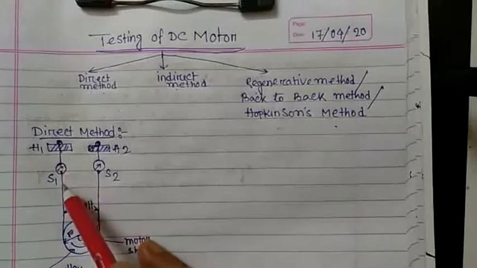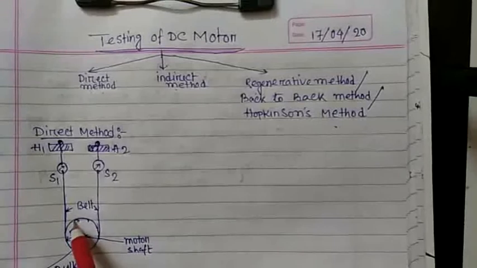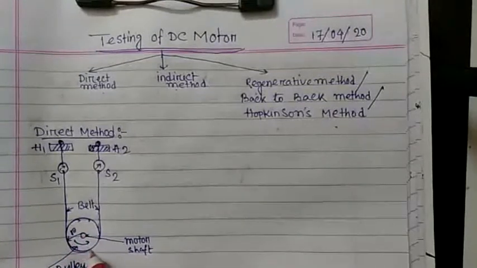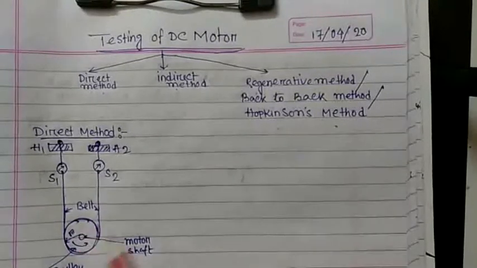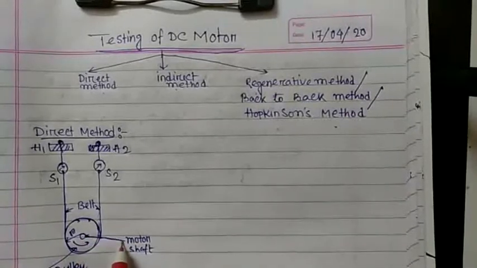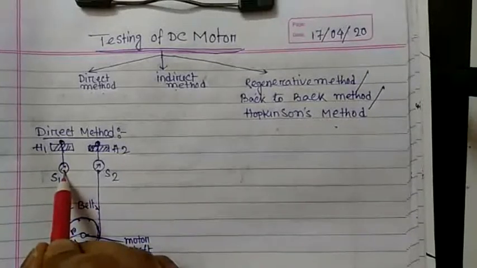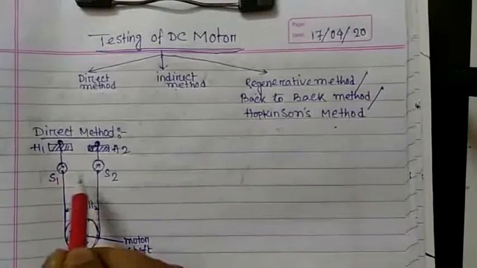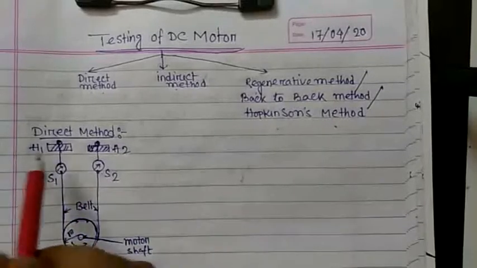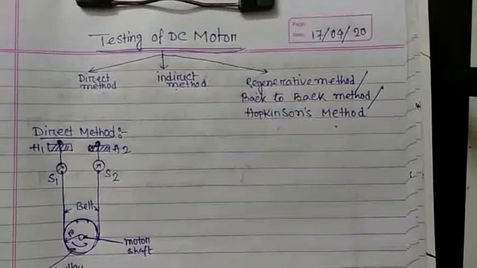This one is a belt. This is the pulley. This is the motor shaft. This is spring balance S1 and S2, and H1 and H2 are the hand wheels.